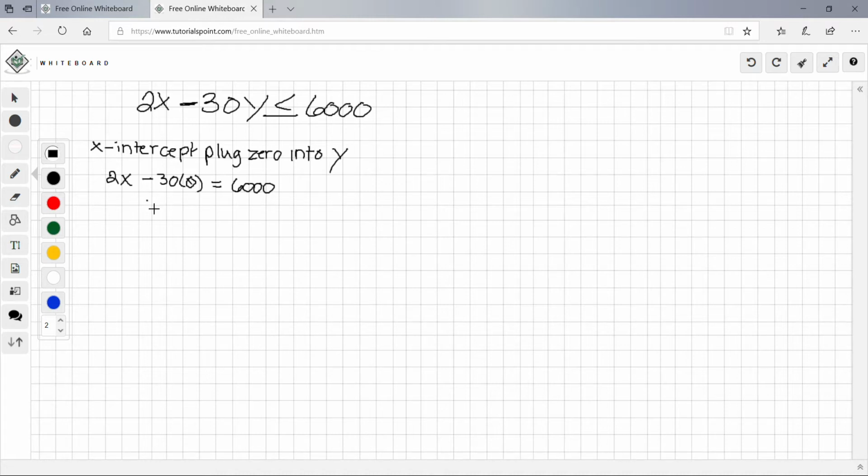So this is 2x equals 6,000. Divide both sides by 2, and we get x equals 3,000. Oh wait, it's not 3,000, it's just 300. So our x-intercept is 300.